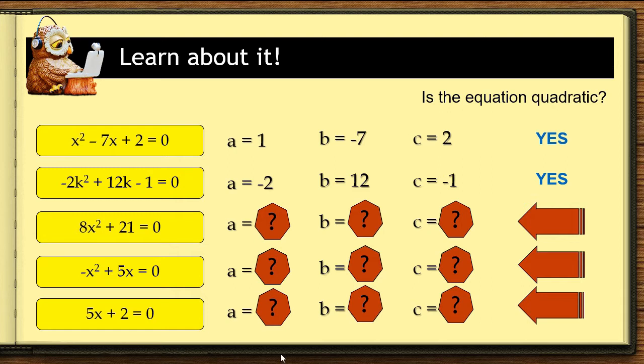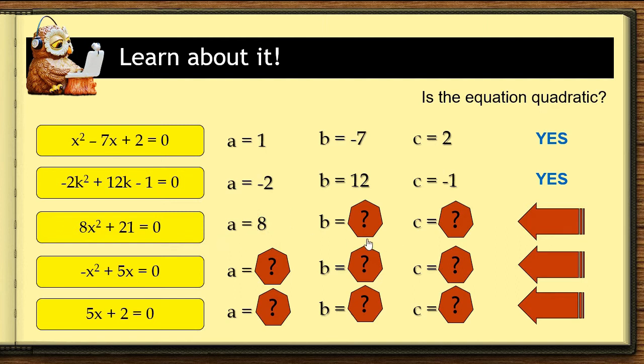Let us move on with the third example. Can we still prove that 8x squared plus 21 equals 0 is a quadratic equation? Okay, we can do that if we find the values of a, b, and c of the equation. So in this example, the quadratic term is 8x squared. It means that the coefficient here is 8. So the value of a is also 8.